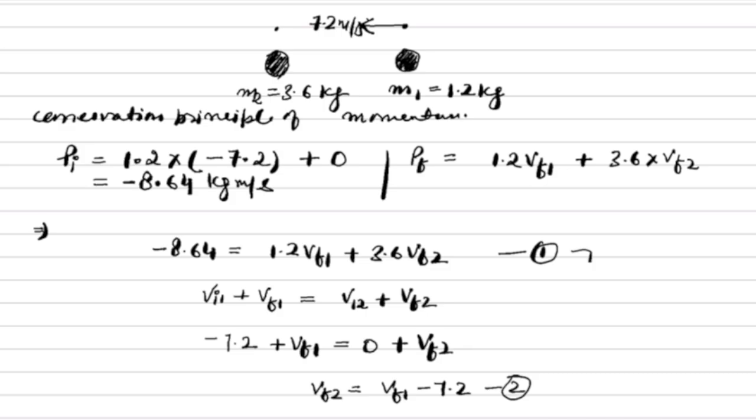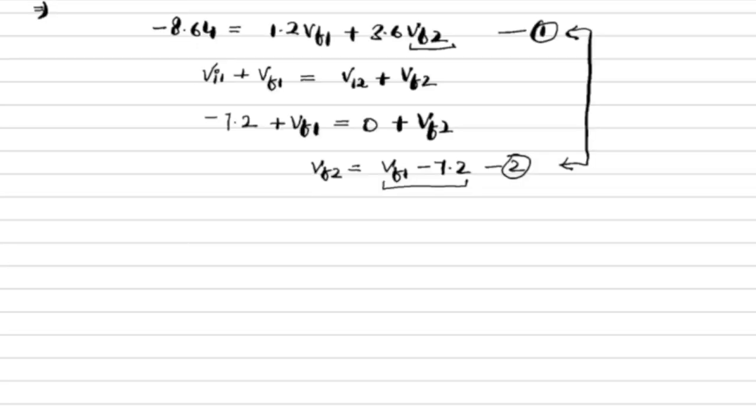Now it is a question of how to solve these two equations. They have two variables. Instead of VF2 here, we can put this. So let me solve further. I will say minus 8.64 is equal to 1.2 VF1 plus 3.6 into VF1 minus 7.2. Here is the replacement.